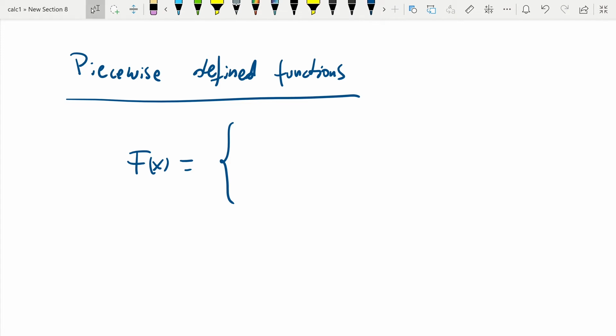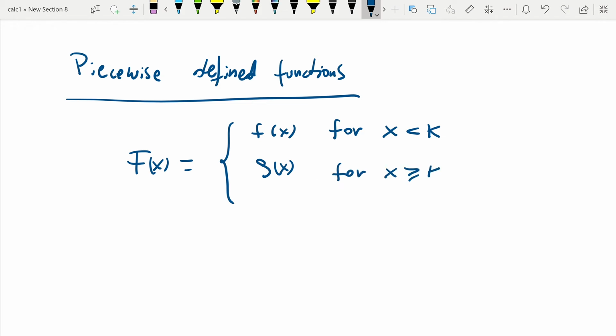So let's consider this function, say capital F of x, which is equal to little f of x for values of x smaller than a certain number k, and g of x for values of x greater than or equal to k.